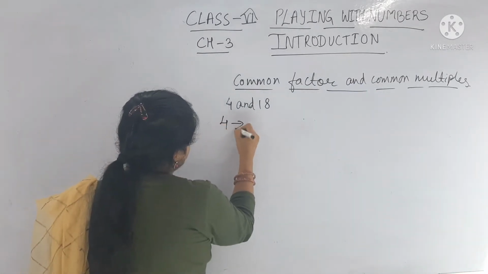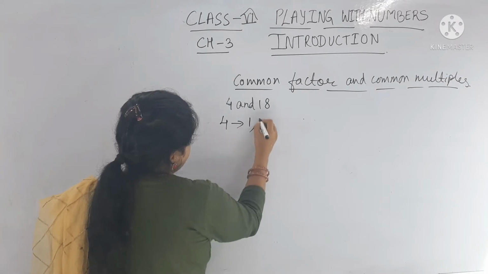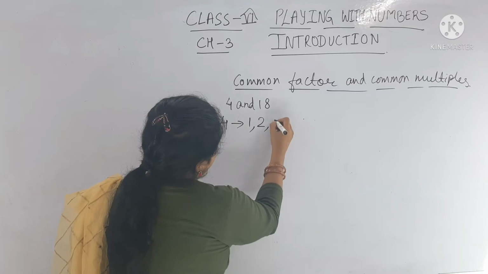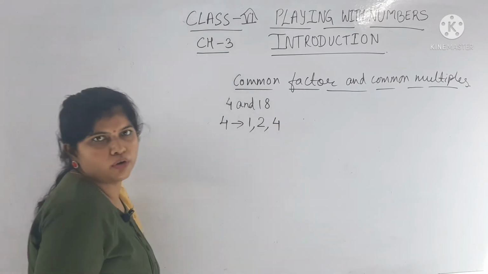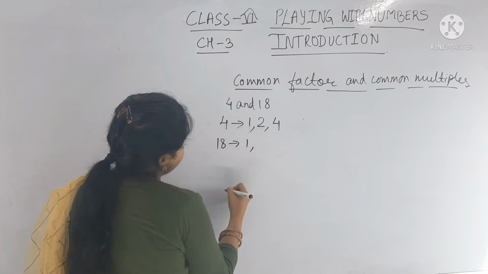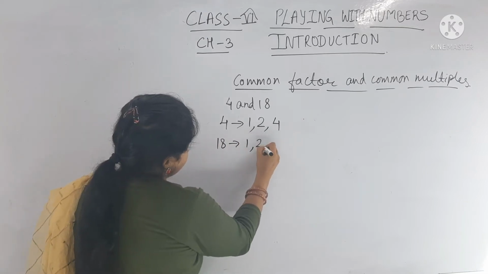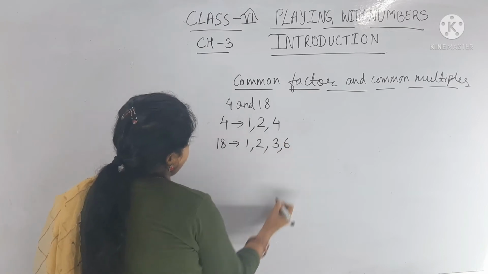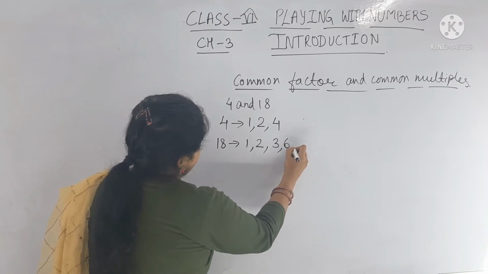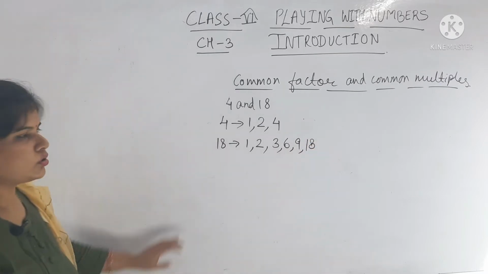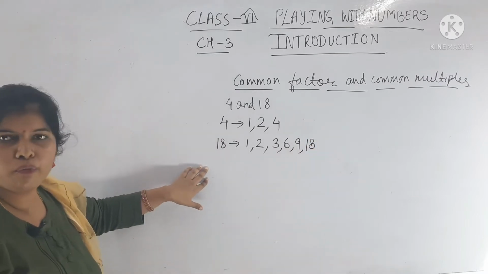For 4 it is 1, 2, 2 twos are 4, and 4 itself. Okay, for 18, 1 is a factor, 2 is a factor, 3 is a factor, 6 is a factor, and 9 is a factor, and 18 itself. Okay, so these are the factors of 4 and 18.